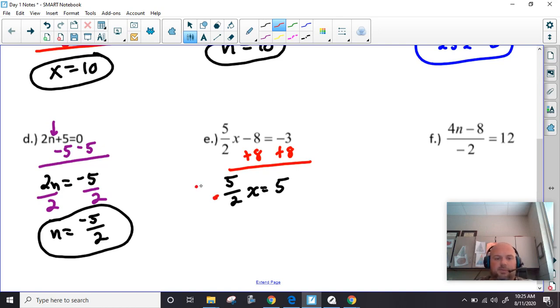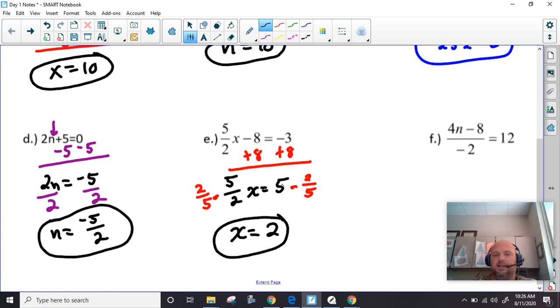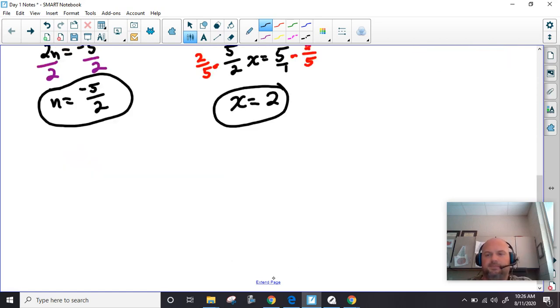But you can get it in one fell swoop by multiplying both sides by 2 over 5. Now, remember, this will cancel, leaving us with x. And then, believe it or not, I'm left with 2. Now, over here, if you said this is 5 over 1, 5 times 2 is 10, divided by 5 is 2, or the 5s cancel. I don't care how you do it, just as long as you understand and you get it right.